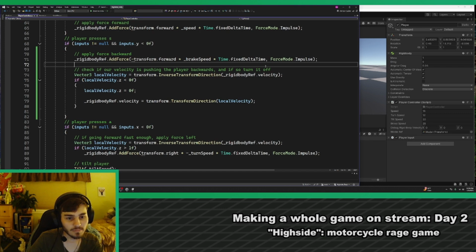We're still going backwards because we're applying the force and then checking it.